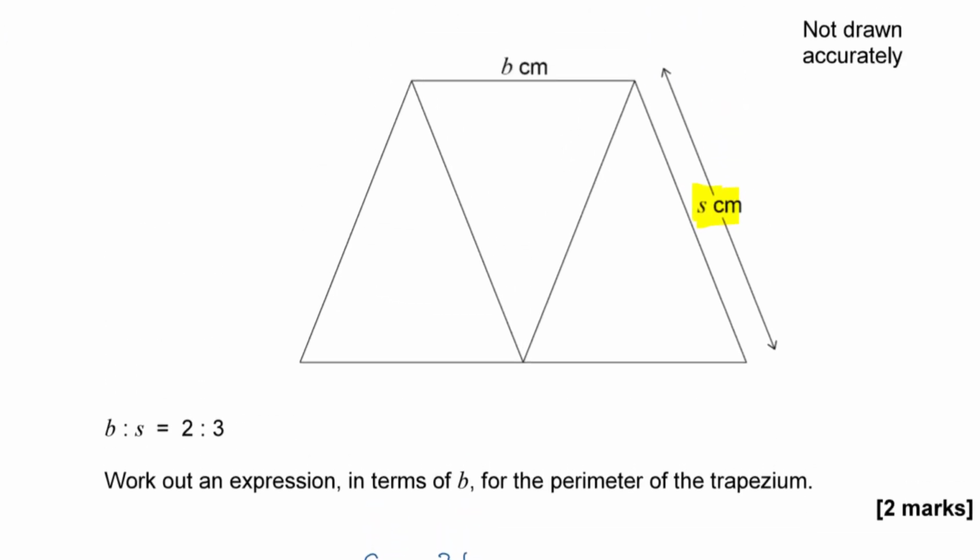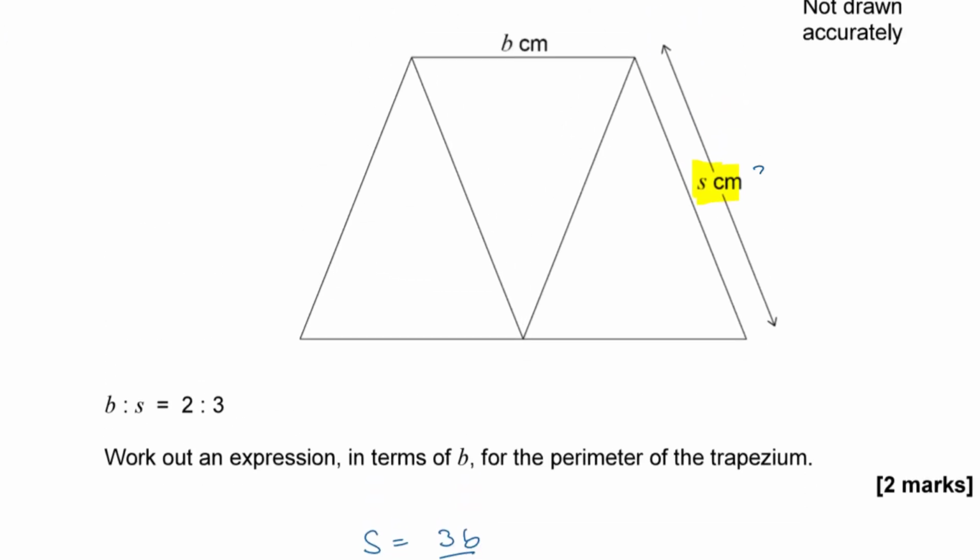So if that's 3b over 2, that's b. So along here was 2b, wasn't it, from before? And then up here is going to be 3b over 2 again. So adding those four sides together is going to give me the perimeter.